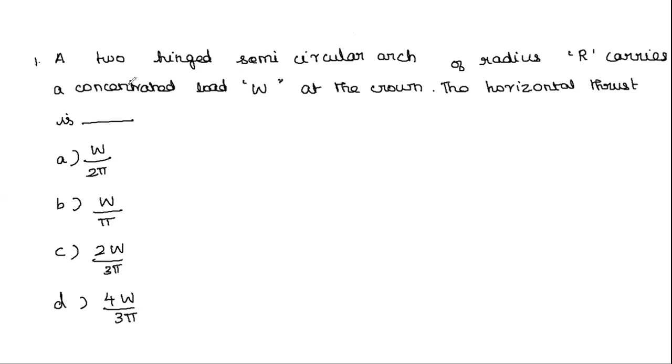The horizontal thrust is W by pi. We have seen if the load is at the center, it will be W by pi. If it is at a section, it will be W by pi in the sine square arc.